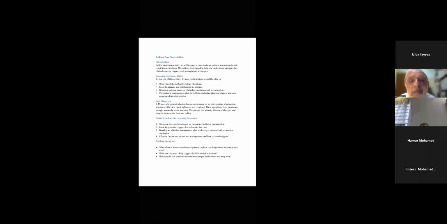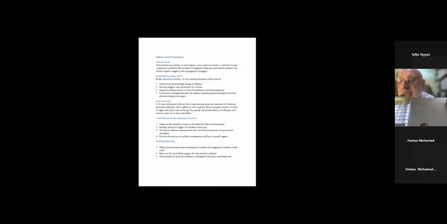So let's say 3 or 4 students would be the presenters, and the rest of the class can ask the questions. Let's say one student presents with biodata and presenting complaints, and then answers the questions related to the history. And the second student, who has done the physical examination, can answer the questions related to physical findings.